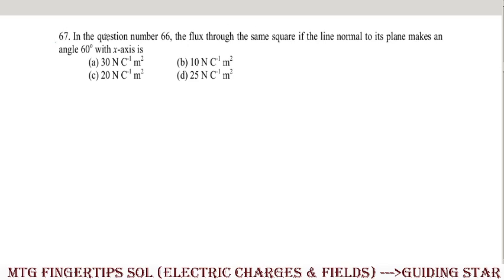Next is a connected question. In question number 66, the flux through the same square if the line normal to its plane makes an angle 60 degree with the x-axis. So in this particular case, the normal of the given plane is making an angle of 60 degree.